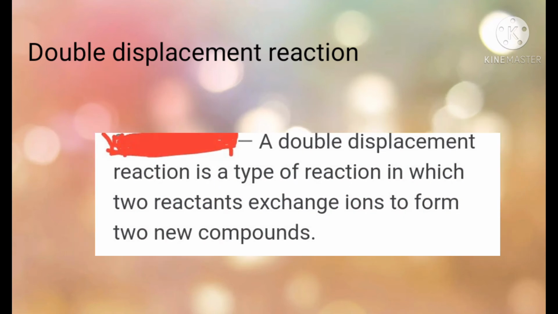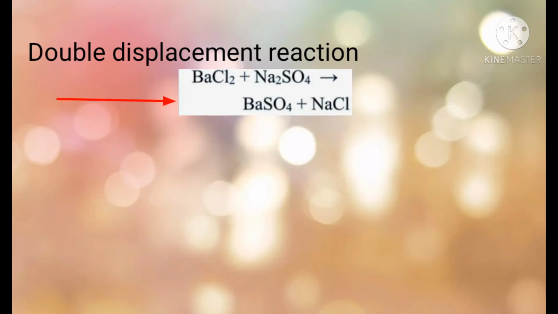The next type of chemical reaction is double displacement reaction. Double displacement reaction is a reaction in which two reactants exchange their ions to form two new compounds. The example of double displacement reaction is the reaction of sodium sulfate and barium chloride solution. On adding sodium sulfate to barium chloride solution, exchanging of radicals takes place.